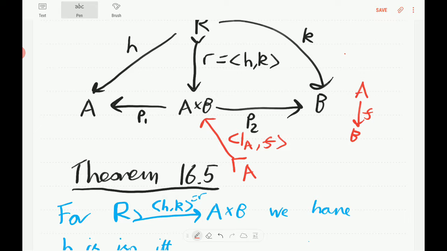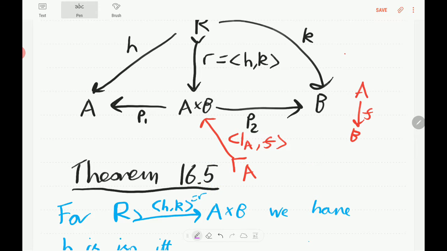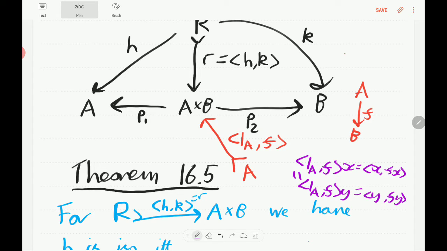Now, it's also true that such a thing is a monomorphism, and we can see that quite easily, because if we do this after x and we get the same result as doing it after y, well, then we have x, comma fx equals y, comma fy, and therefore we have x equals y because the first components of these are equal.